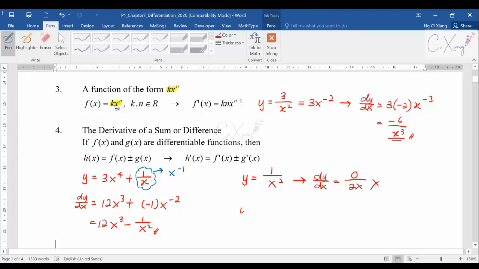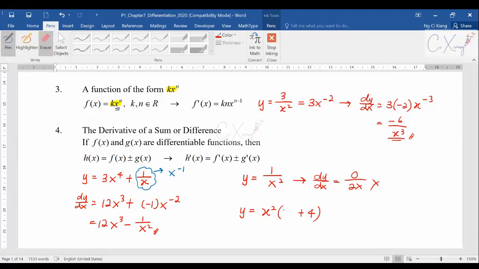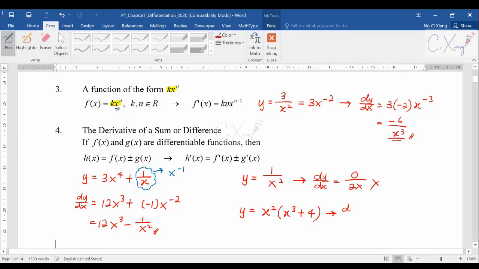And then for multiplication, also the same thing. Let's say I'm having x squared and then 1 over x plus 4. Or maybe I put it in a simple equation, let's say x squared and x power 3. So you cannot tell me that, oh, teacher, to get the differentiation, I differentiate x squared, then I have x.